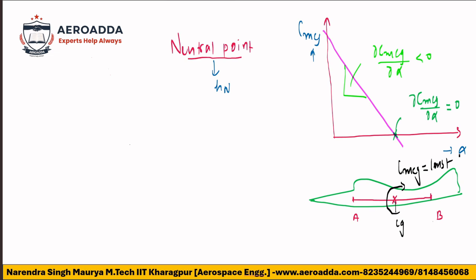Why is it called neutral? Because the moment about CG is not varying, so there is no pitch up or pitch down.